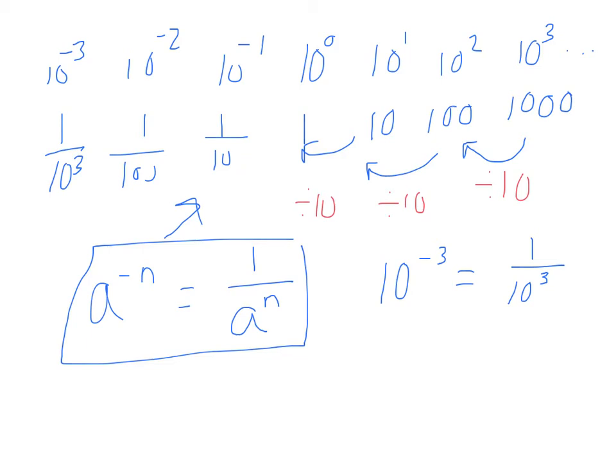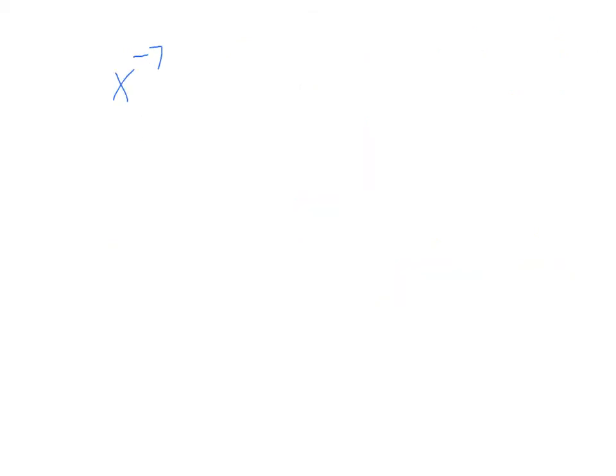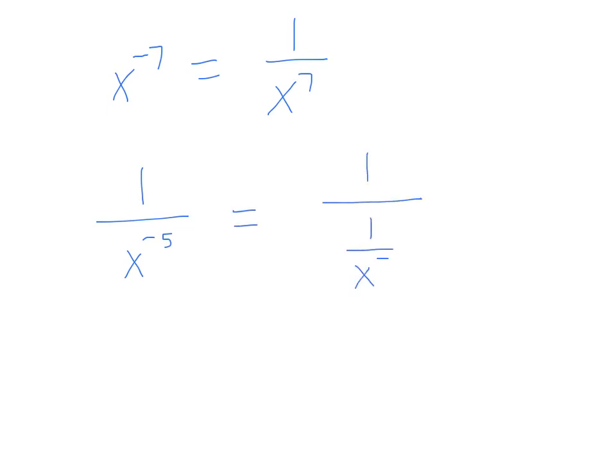This leads directly into the next thing I'm going to say. Something written as a negative exponent can be written 1 over x to the 7th. Now be careful. What if you had 1 over x to the negative 5th? That really means you have 1 over 1 over x to the 5th, according to this idea up here.